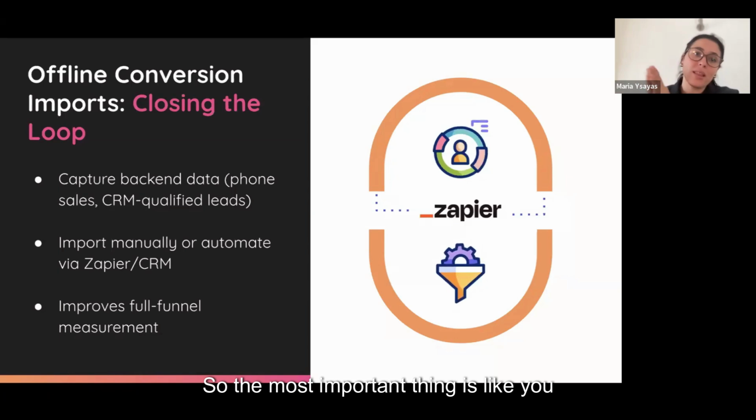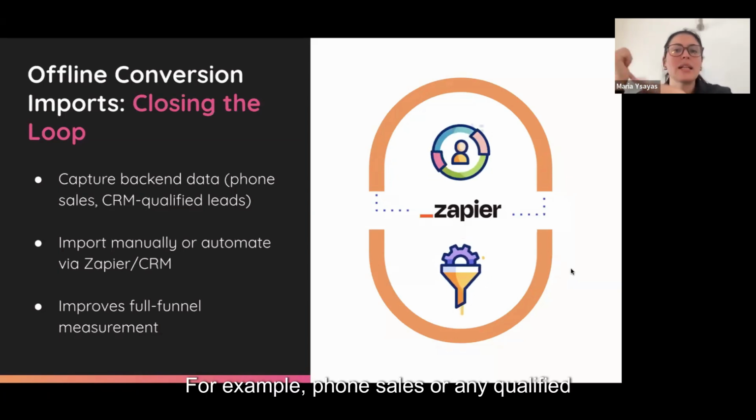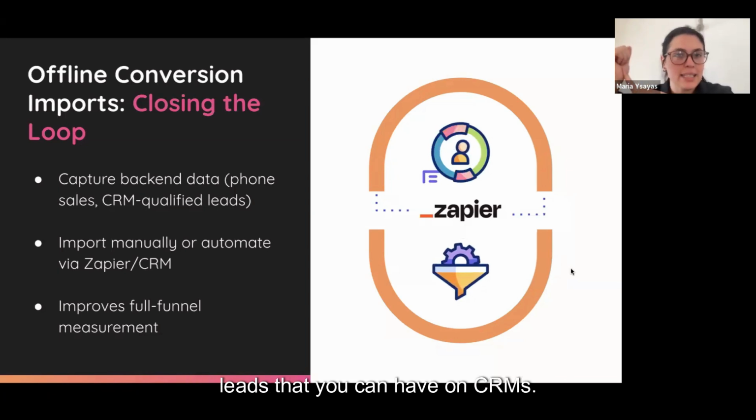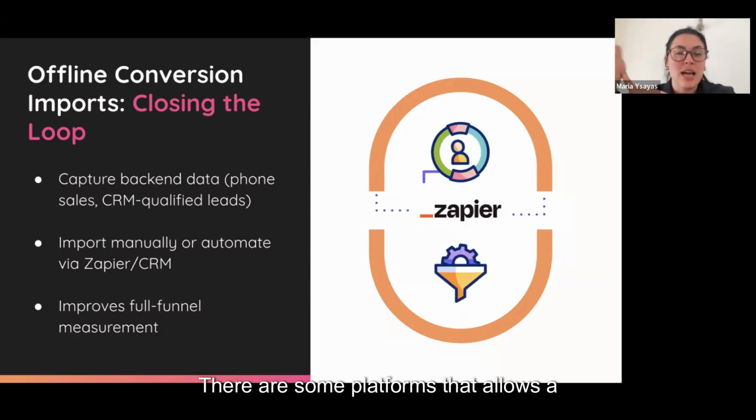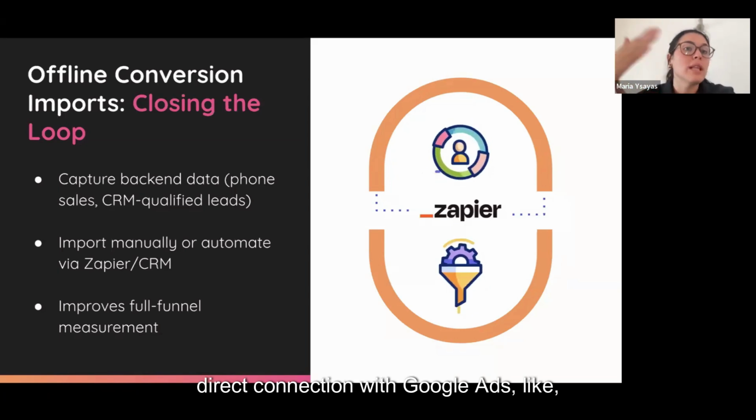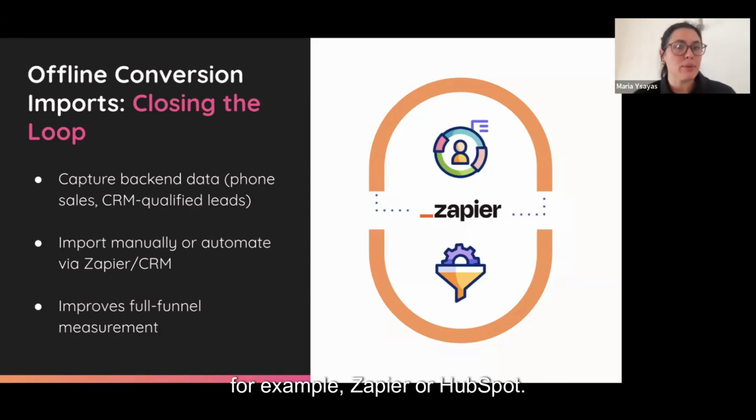The most important thing is that you need to capture this data, for example phone sales or any qualified leads that you can have in CRMs. There are some platforms that allow a direct connection with Google Ads, like for example Zapier or HubSpot.